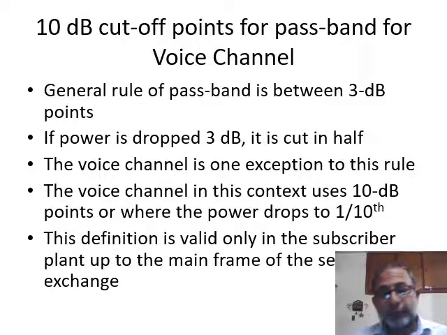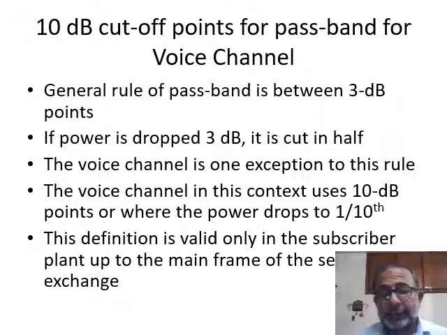Now, one more thing that we need to understand is that the general rule for the passband of our signals is between 3 dB points. 3 dBs means the signal is cut in half, reduced to half. From the point where it increases to half of the maximum value, to the point where it reduces to half the value, that is taken as the passband, and the bandwidth is calculated in this way.